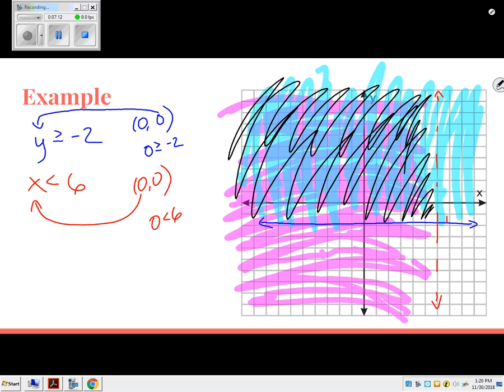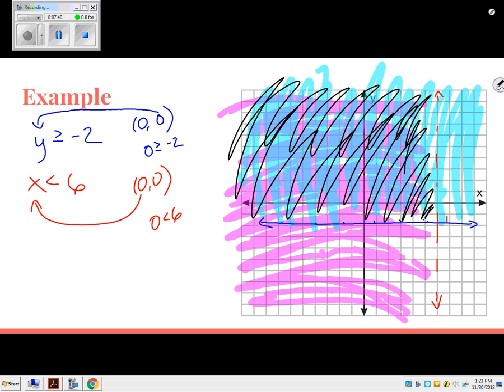All right, Jaden wants to know why this line is solid and this one's dotted. It's because this solid line right here is part of my shading. It's okay if I choose points that are on this line right here. It is part of my shading because it is greater than or equal to -2. Whenever it's a dotted line like this, this boundary is not part of my shading.